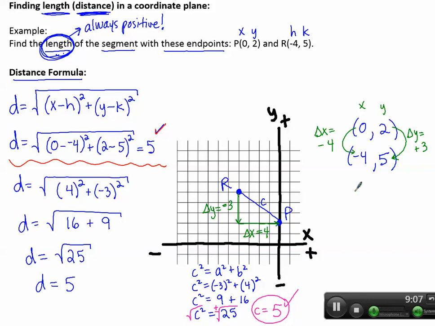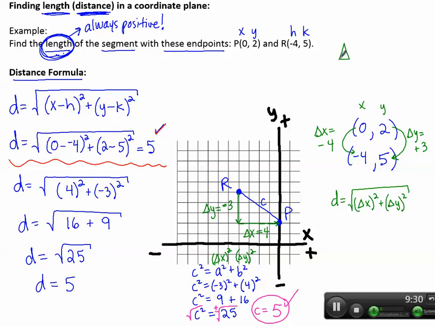So remember, the a was the same as delta x, and the b was the same as delta y. So when we think of the distance formula, we can think of it as square root of change in x squared plus change in y squared.